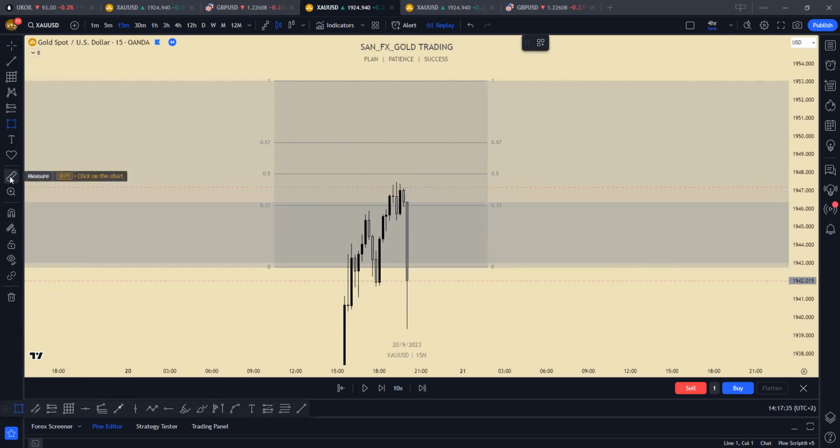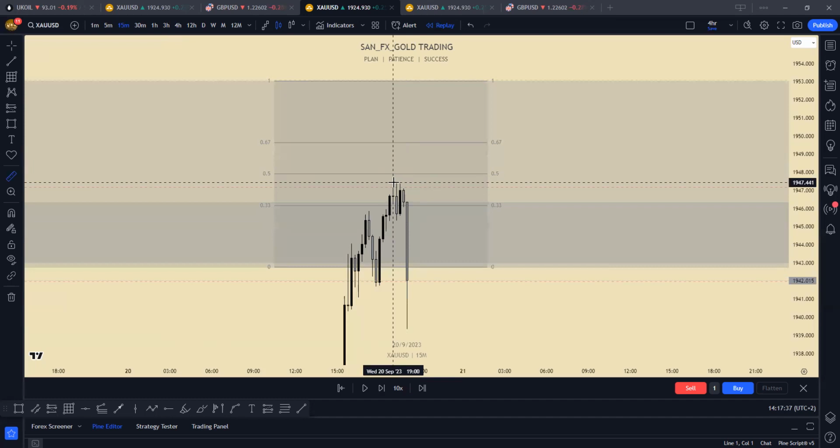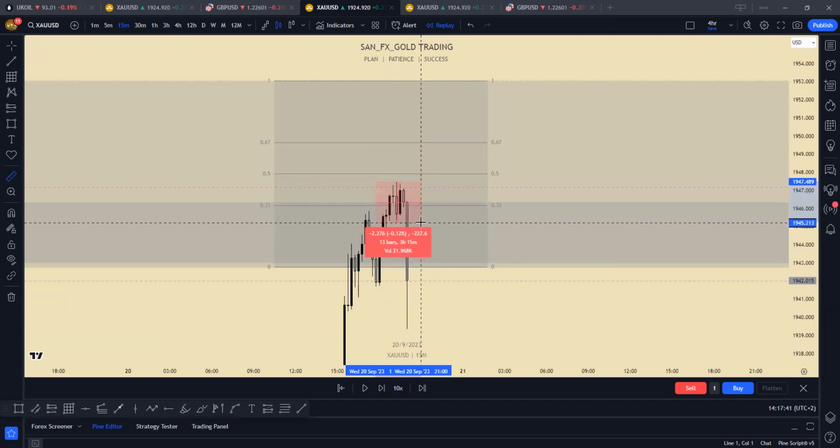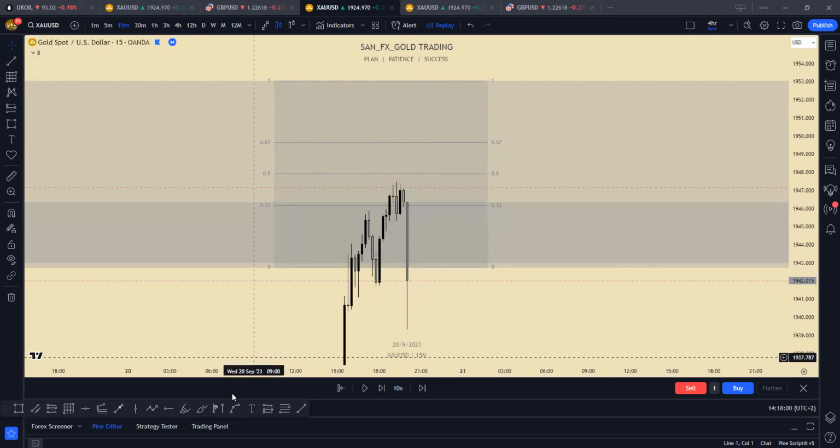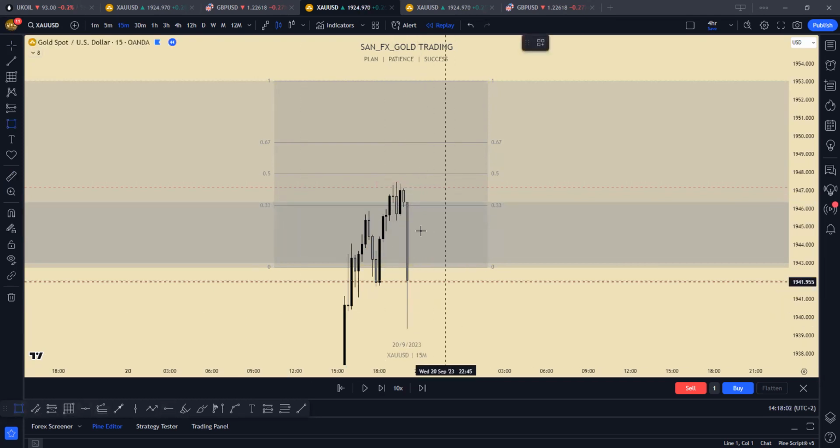But first I always try to find how big this is. This is 20 pips. Personally I like the stop loss size to be less than 50 pips. So I decided to use just the wick of this candle.